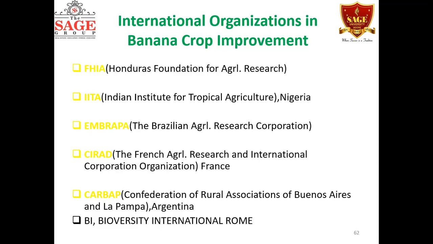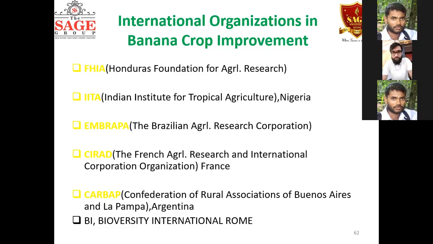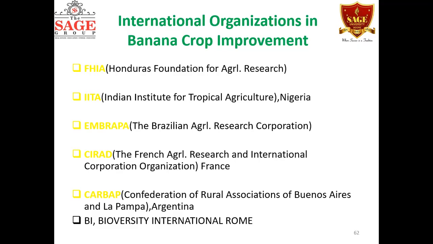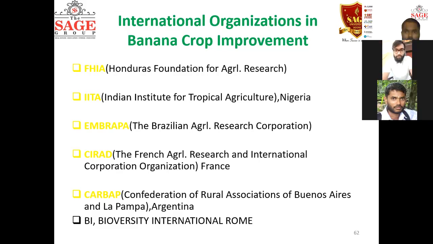But in other parts of India, especially northern India, there is dominance of a particular group in banana cultivation. That group is Cavendish. At present in India, out of total cultivation, around 65 to 70% of the area is under this Cavendish group.